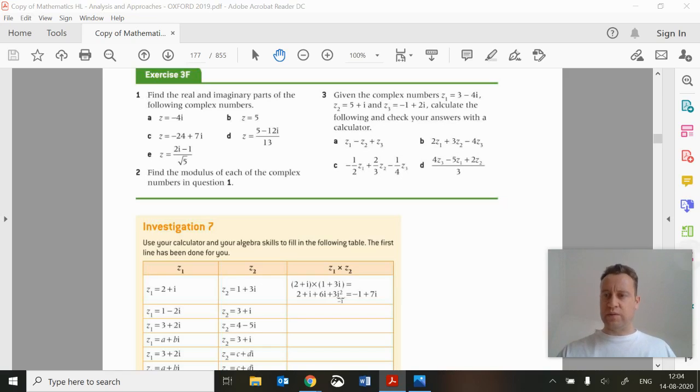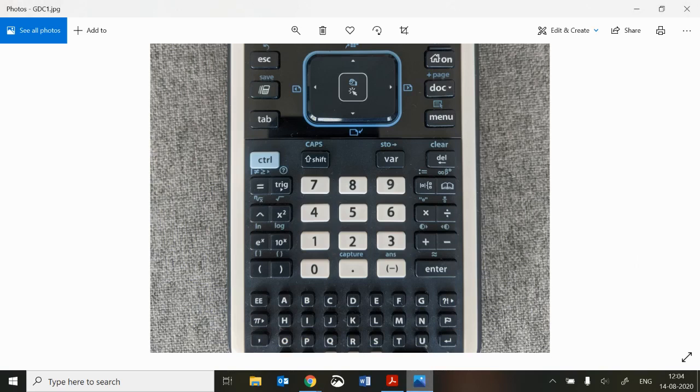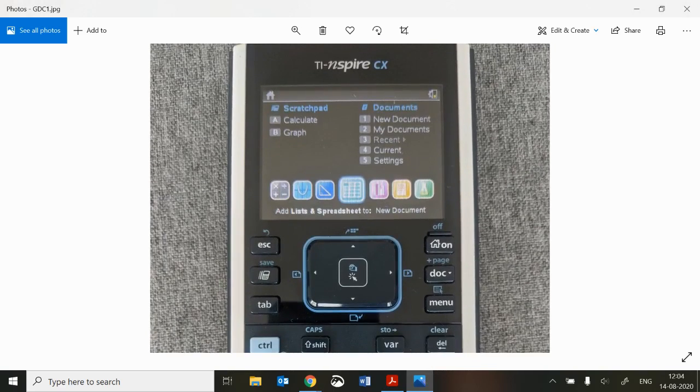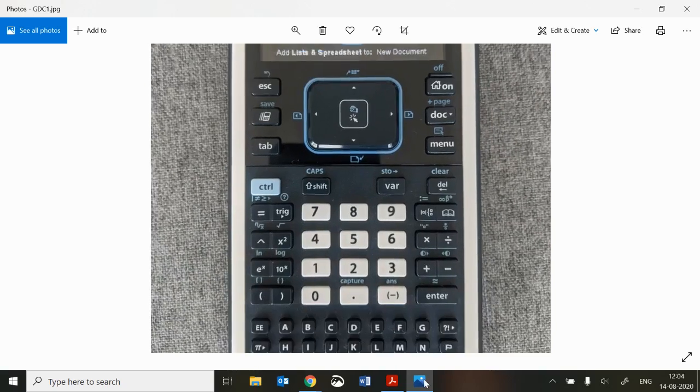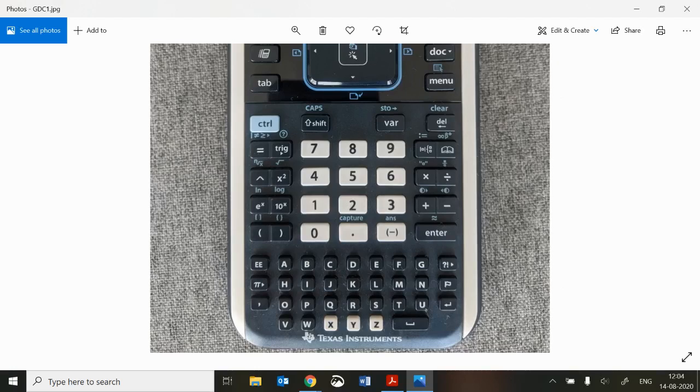Just before we get to that, though, just a note on the calculators. We use the TI Inspire CX model at my school, and obviously, if you don't have this, you'll have to figure out how your calculator works. But just a little note on this one, it may be similar with your calculator. If we do, for example, 3 plus i using the keyboard at the bottom, then it will not understand that, because the imaginary part of the complex number, in other words i, needs to be found through a particular key.